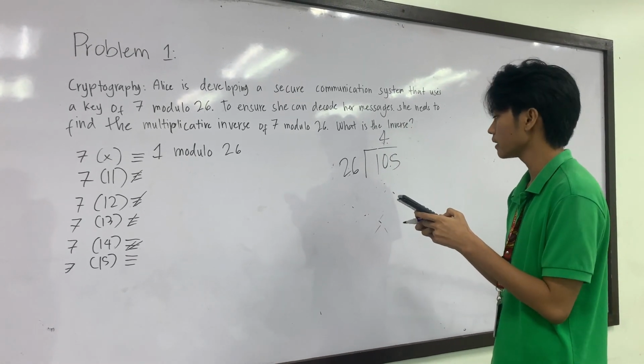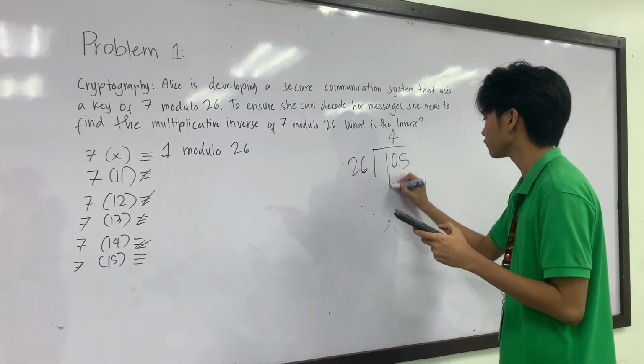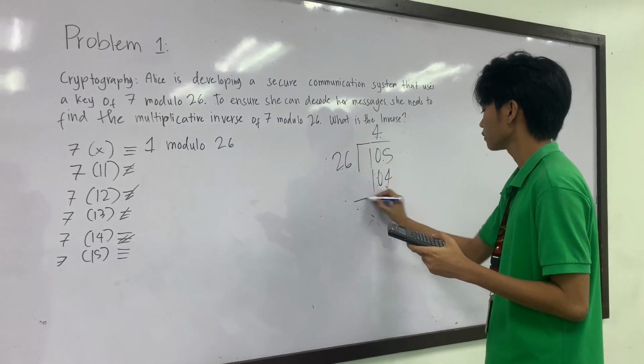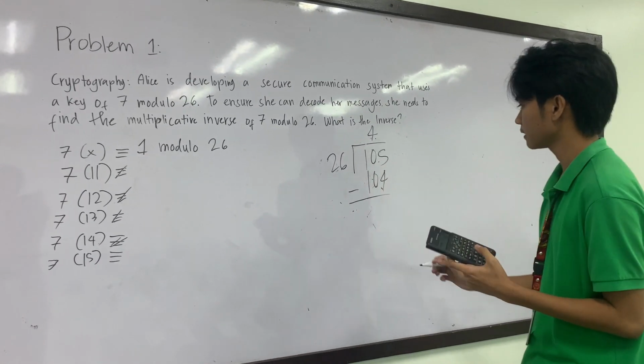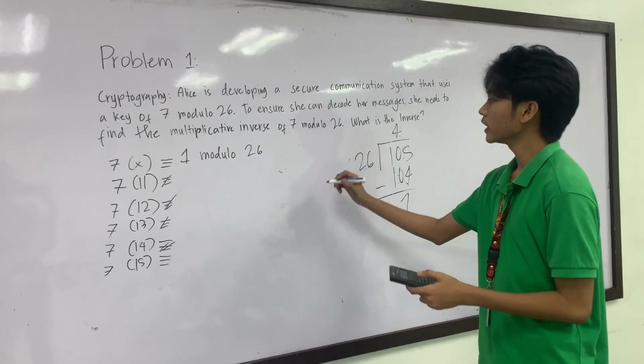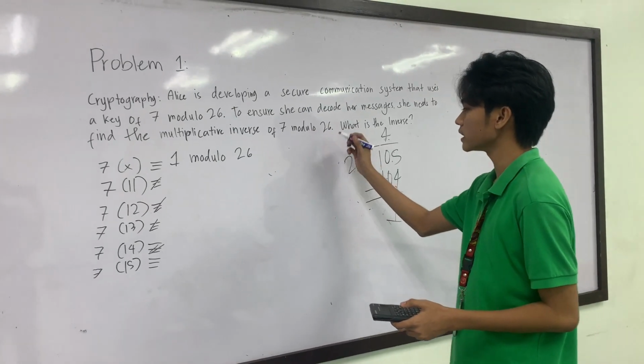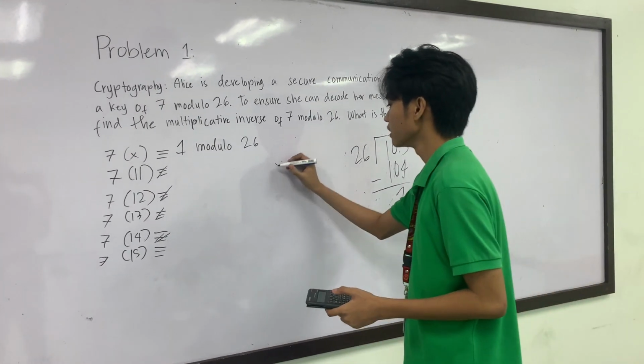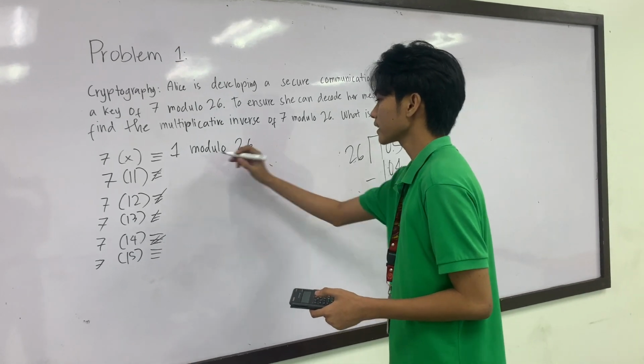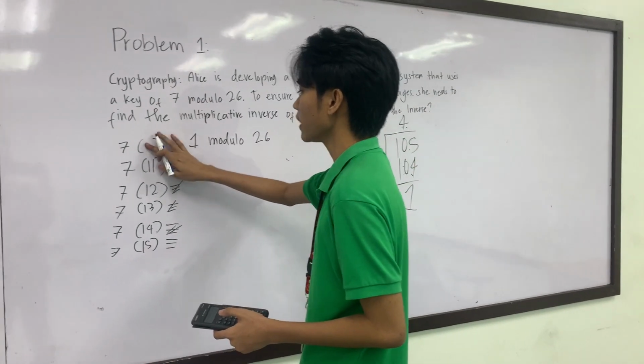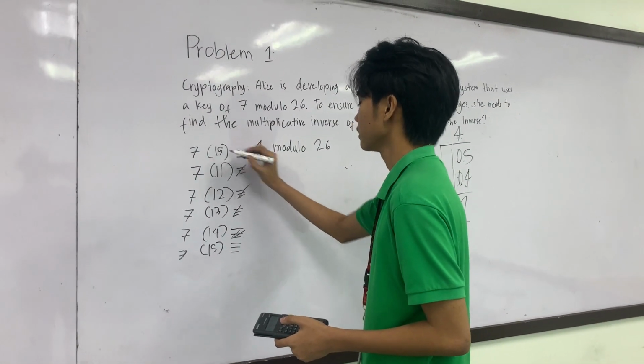Then 4 times 26 is 104. So you get the remainder 1. So the inverse of 7 modulo 26 is 15. The value of x is 15.